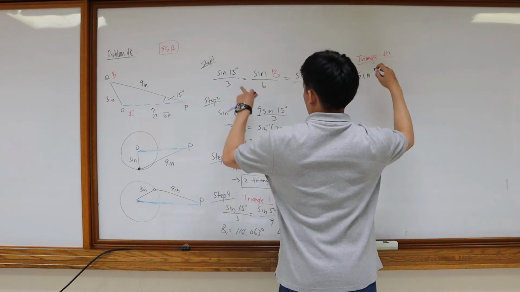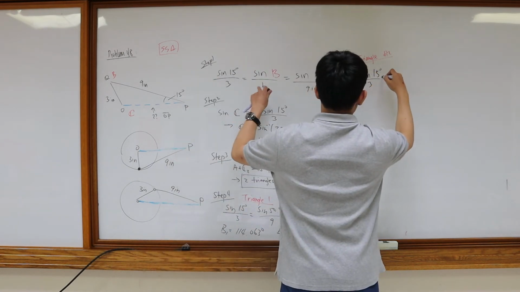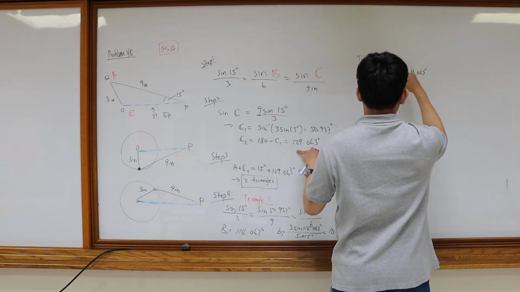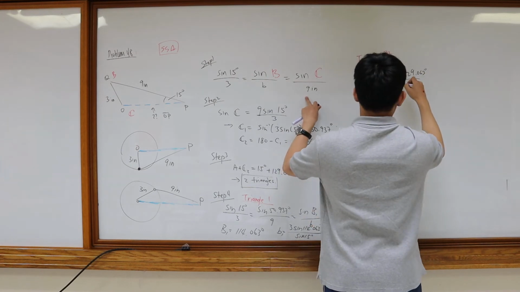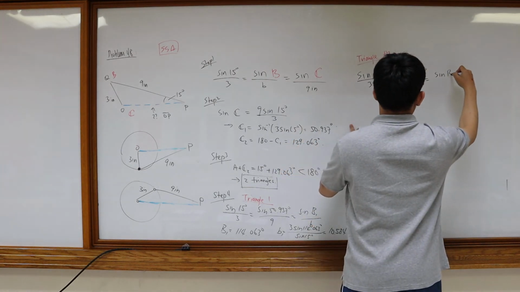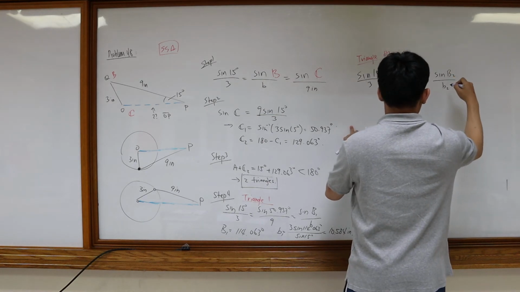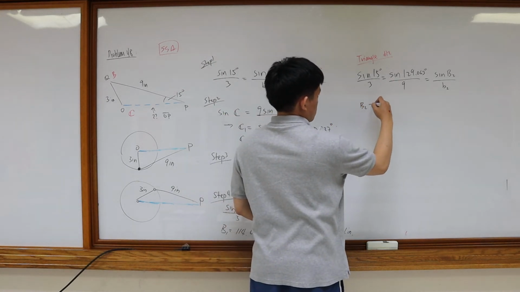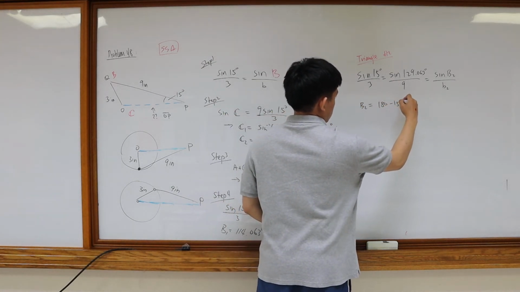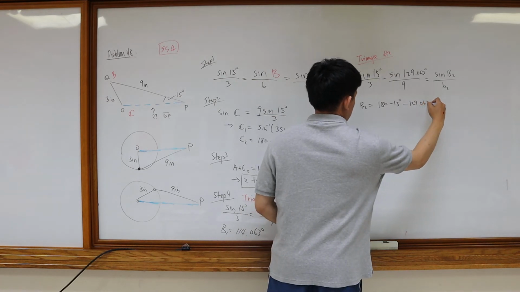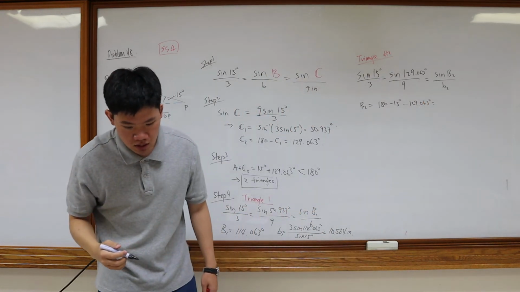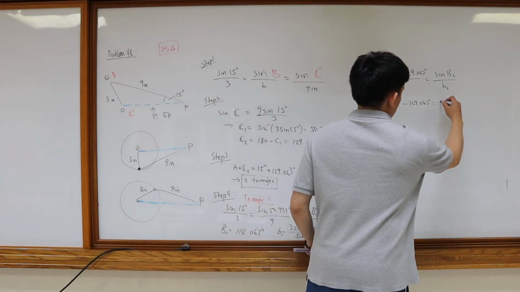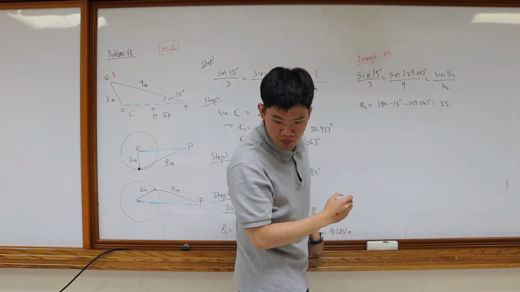Sine of 15 degrees divided by 3 is equal to sine of 129.063 degrees divided by 9, is equal to sine of B2 divided by b2. Putting everything together, we can find the angle B2 is equal to 180 minus 15 degrees minus 129.063 degrees. This comes out as 35.937 degrees.